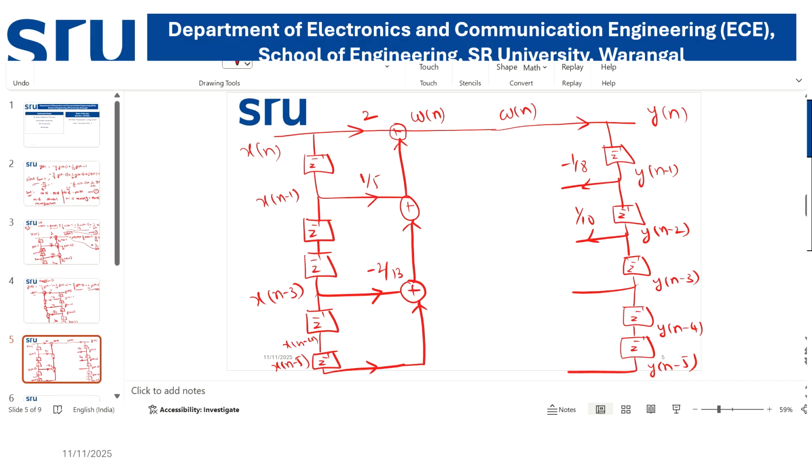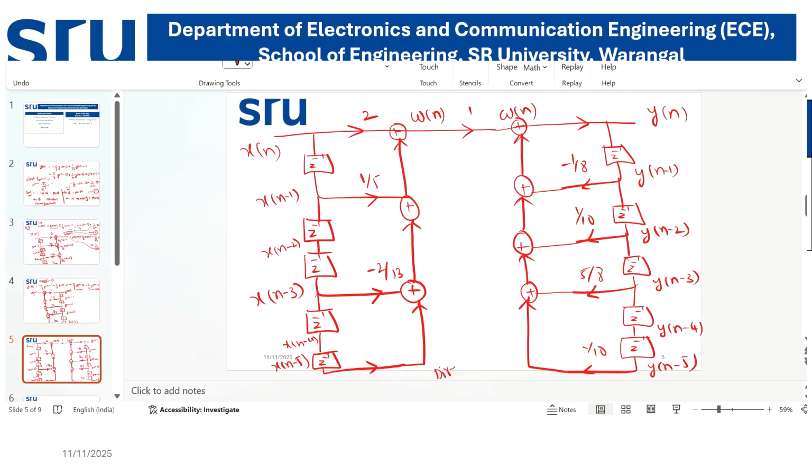Here if x of n minus 2 is there, then you have a connection. Because here the coefficient is 0, we are not at all considering this as a connection line to the output side. Therefore, this is the final direct form 1 for the given difference equation.